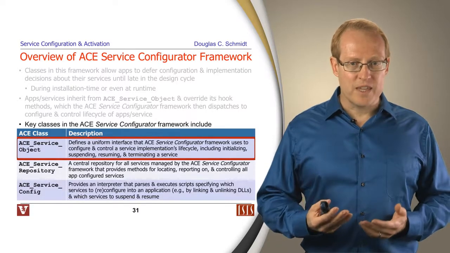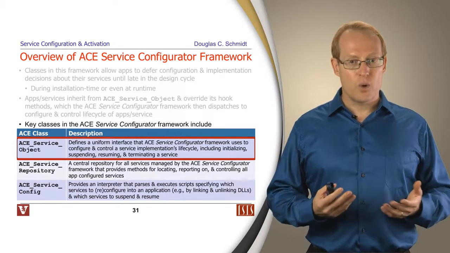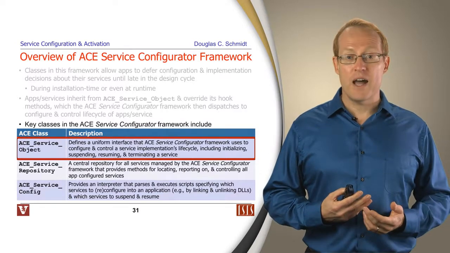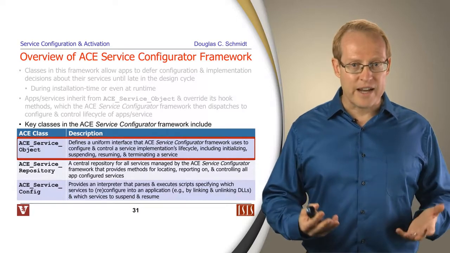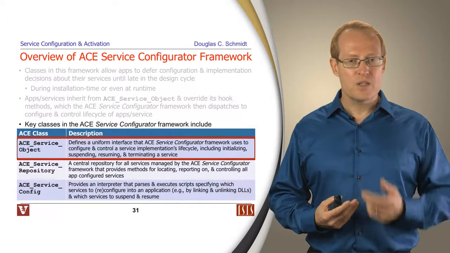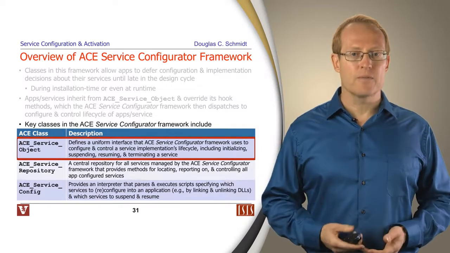Here's a brief summary of the key classes that are part of the ACE Service Configurator framework. One of the core classes is called ACE Service Object, which is this base class that provides a number of hook methods. These hook methods are used to control various lifecycle activities of a service or a component while it's being brought into existence, while it's being executed, and when it's being finalized and shut down.